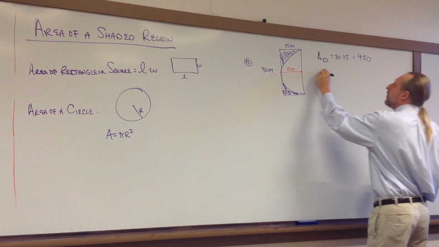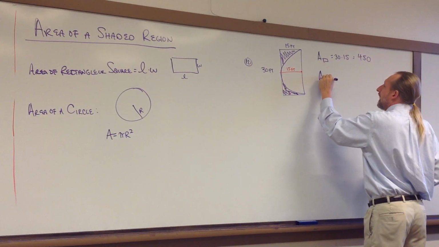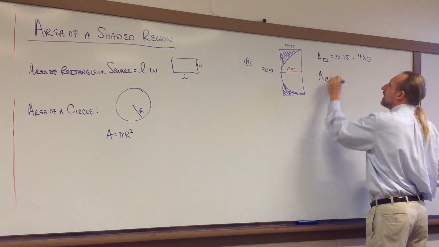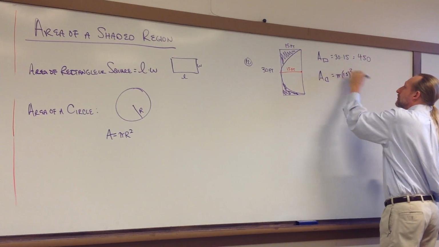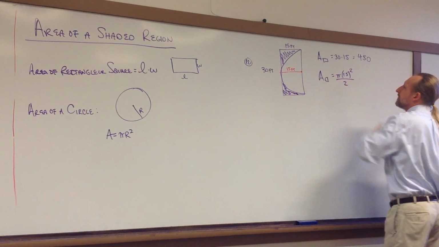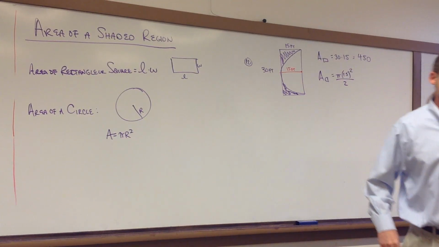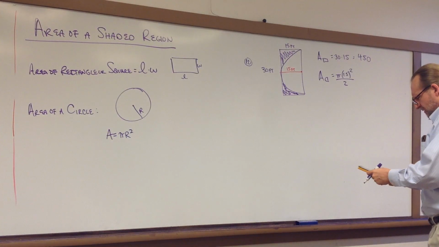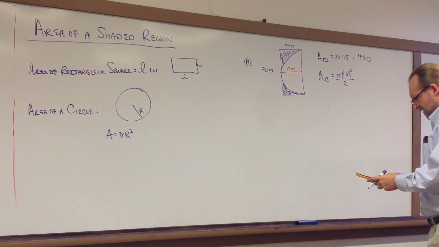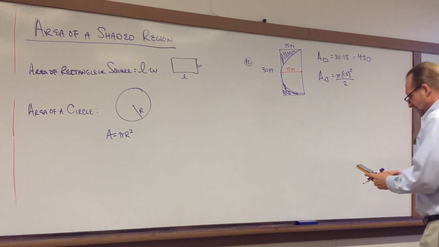But it's not a whole circle, it's only half of a circle. So we want to do pi r squared and then divide it by 2. So let's see what we come out with on this one. So this is pi times 15 squared, and then divide that by 2.